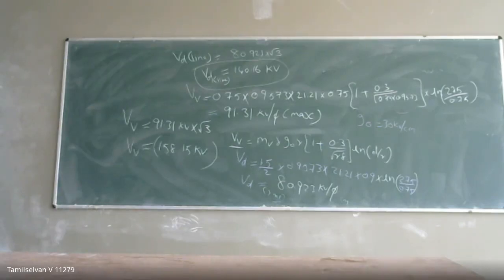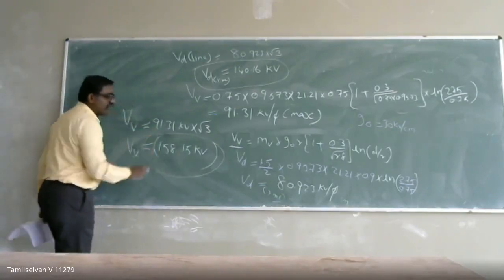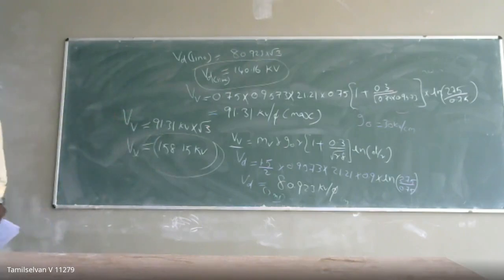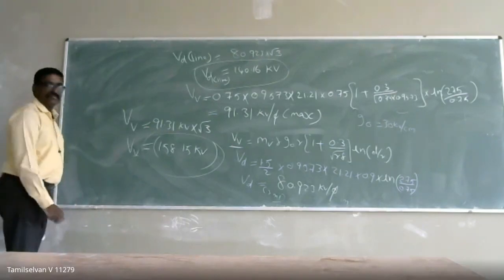But the visual blue, violet glow will be seen at the voltage of 158.15. It means you can see your violet glow at the voltage of 158.15. Okay.